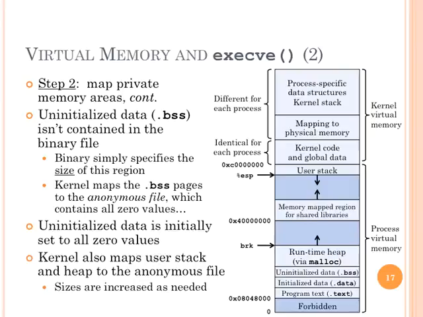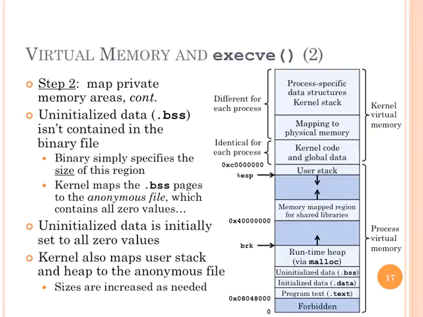Okay, user stack and heap to the anonymous file as well. Again, if you've looked at mmap, you may have noticed that there's some special stuff for the stack because the stack needs to be able to grow down. The heap grows up. Most of our stuff grows up, but the stack is special in that it grows down. And so there's actually special things that you do in the kernel to keep track of how much I should allow the stack to grow and consider it valid.